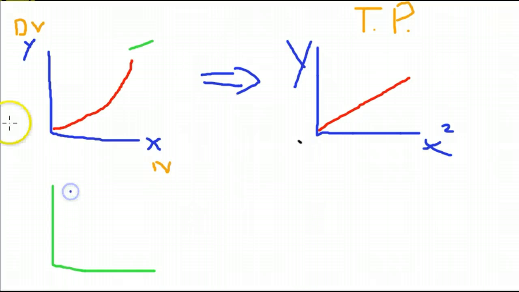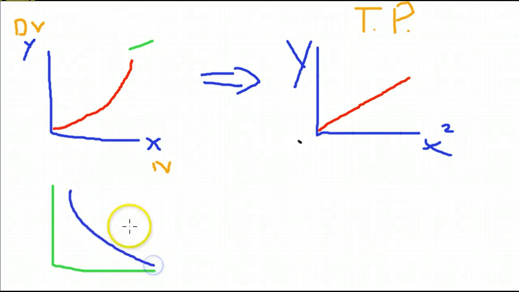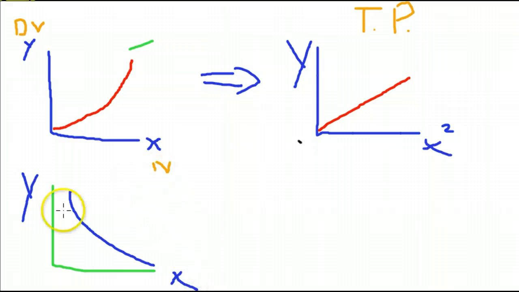On the part of the first data, we have something that looks like this. This would be what's called an inverse curve. We will still be graphing the dependent variable as y, the independent variable as x. This kind of curve is called an inverse curve. Okay, it's known as an inverse.